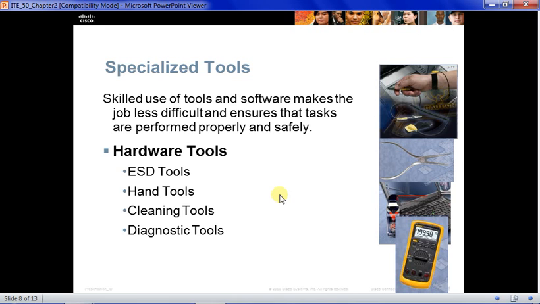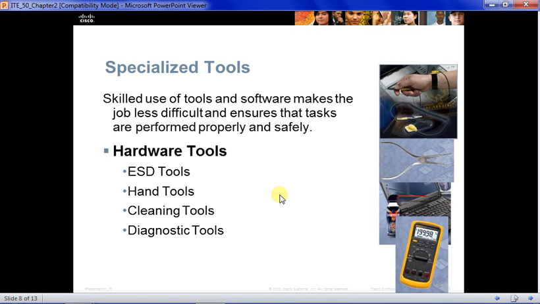They could be tools such as what you see there on the right, a multimeter. We have power supply checkers. We have cable checkers. We also have software tools that help us make diagnostics of the equipment.